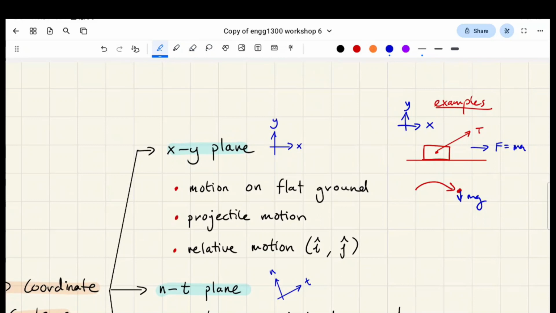The first one is that mg, the gravitational acceleration, is pointing perfectly downwards. It would be 9.81 meters per second squared of acceleration acting downwards, in the negative y direction, right?